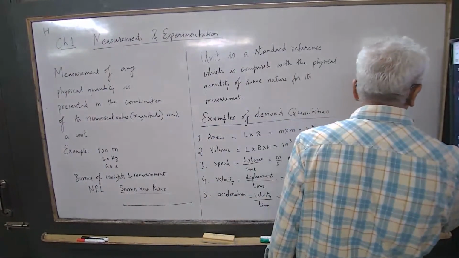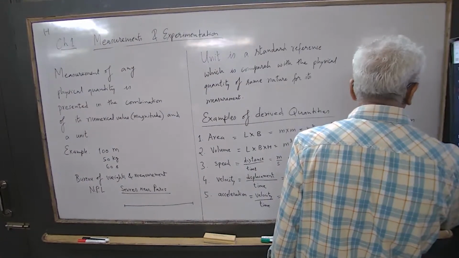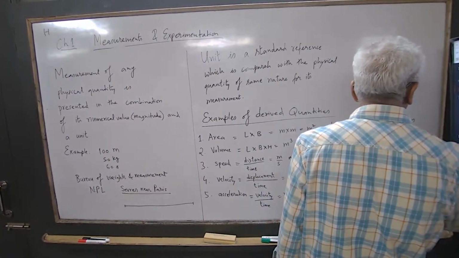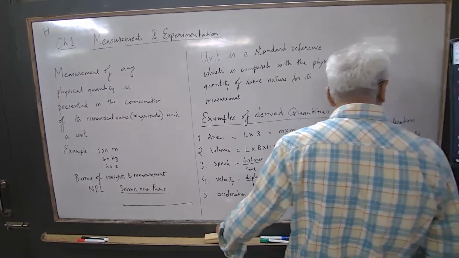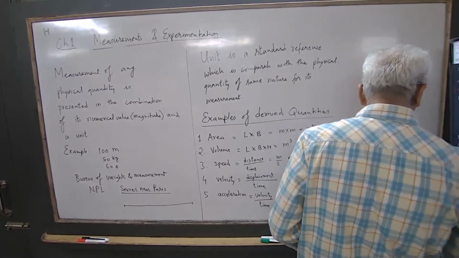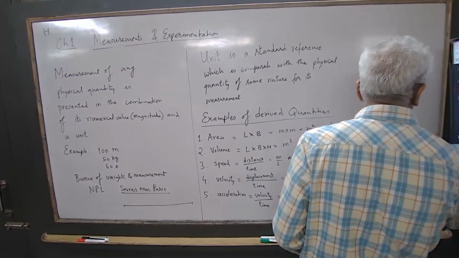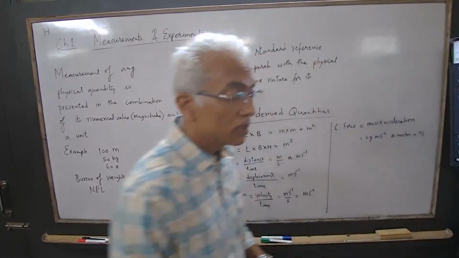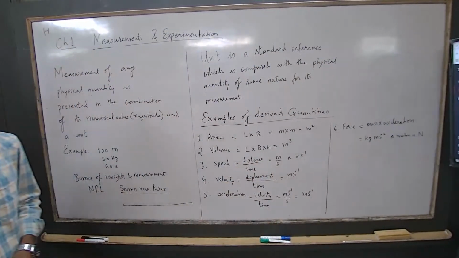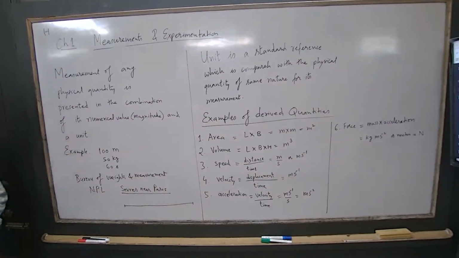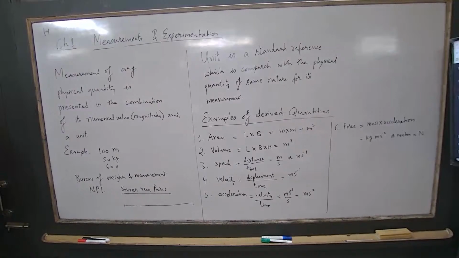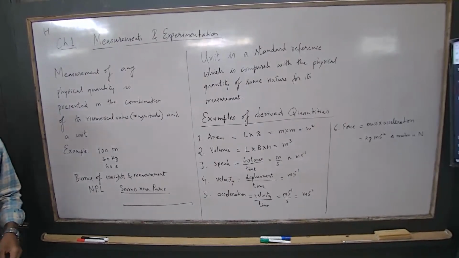So the symbol of Newton is N. Newton is the name of a scientist. So kg meter per second squared itself is called Newton. Clear? So that is force.